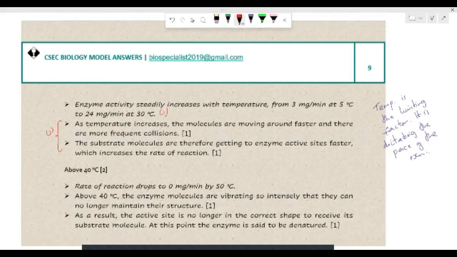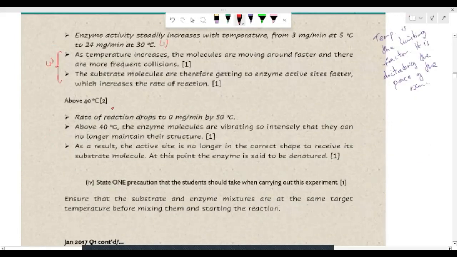So the next part now, they're asking about above 40 degrees Celsius. Again, we're gonna quote the data, right? We're just gonna say that it drops to 0 by 50 degrees Celsius, right? And then we explain what's going on.